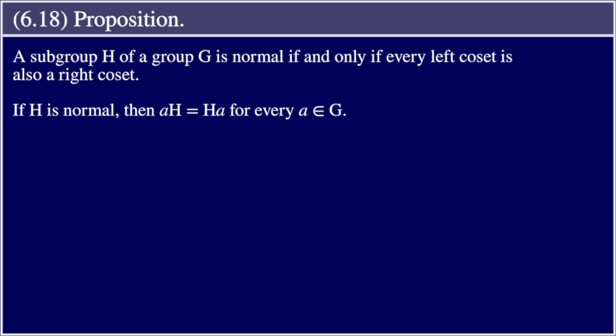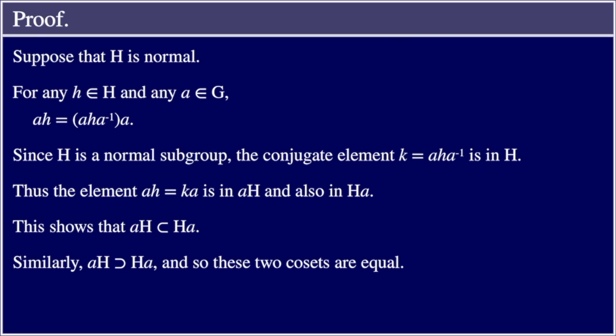6.18 Proposition. A subgroup H of a group G is normal if and only if every left coset is also a right coset. If H is normal, then aH equals Ha for every a a member of G. Proof. Suppose that H is normal. For any h a member of H and any a a member of G, ah is equal to the quantity (aha⁻¹)a.